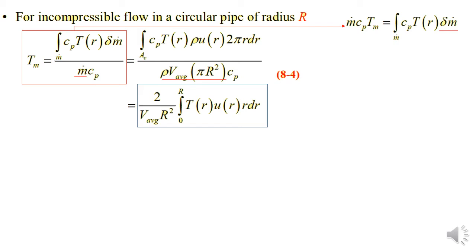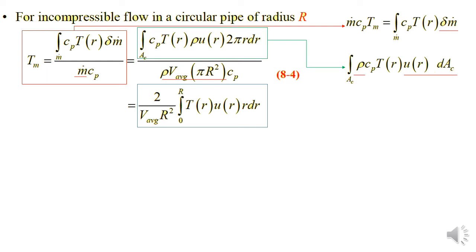The integration of cross-sectional area is taken from the previous equation, as I showed in the green rectangle and green arrow here, and we can simplify this equation into the blue rectangle equation, which is the mean temperature is equal to 2 over V average times capital R squared, integration over R from 0 to R, of temperature function, velocity function, r dr. So you can calculate the mean temperature using this equation.